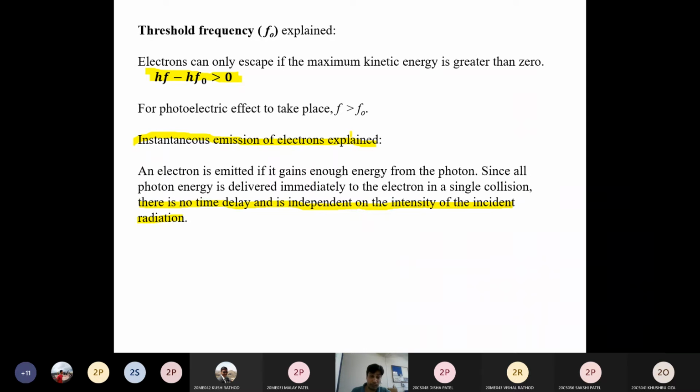In the laser experiment, maybe Sunny sir has given some idea of how we can produce the laser. Laser stands for light amplification by stimulated emission of radiation. There we are controlling the radiation, but here we are not controlling it. We just see where this radiation comes out, at what energy it comes out, and that we are determining.